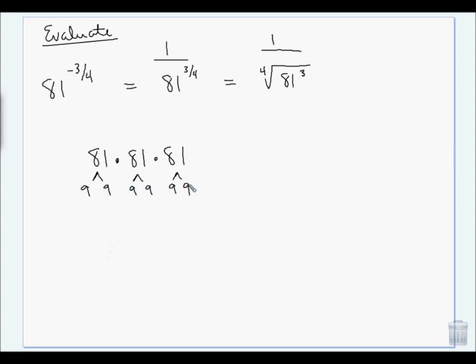I have 4 9s right here, so I can pull out a 9, and then I just want to see, look at that, I have 4 3s, so I can pull out a 3. Right, so 81 to the 3rd has 4 9s and 4 3s. So this is equal to 1 over 9 times 3, so it's 1 over 27.